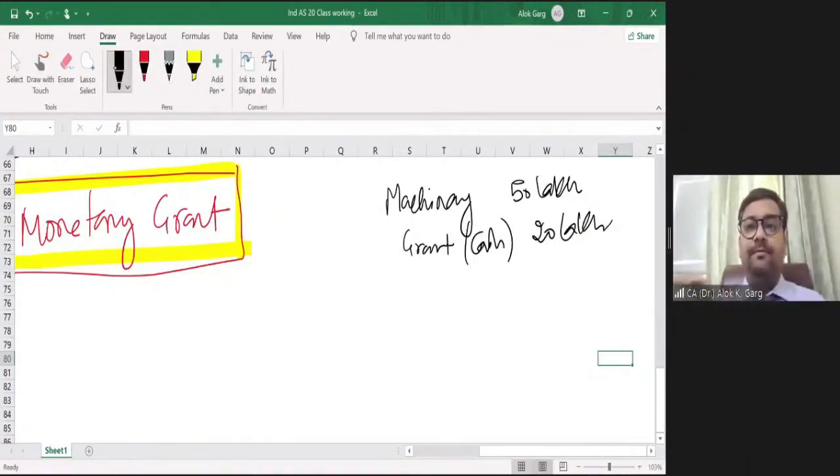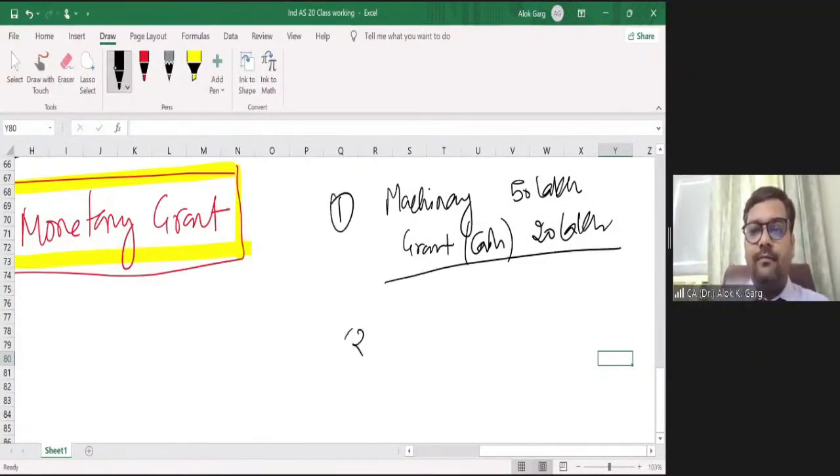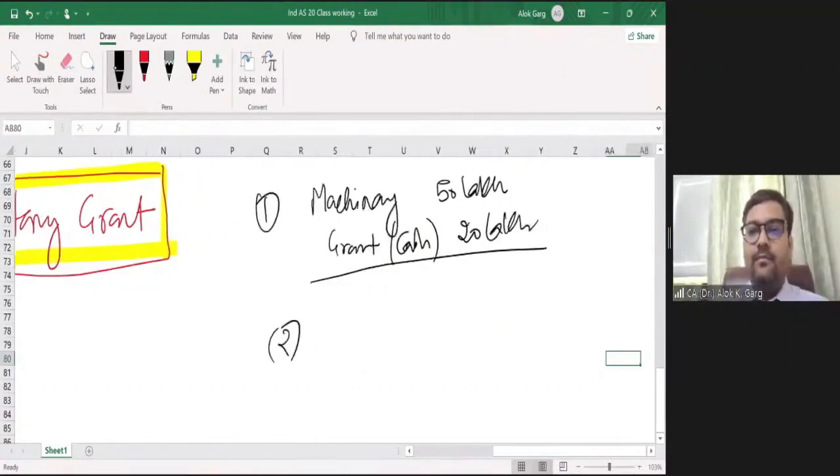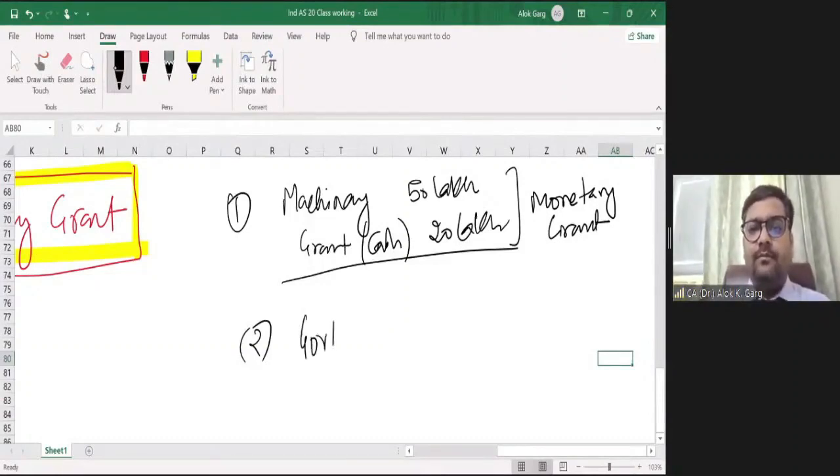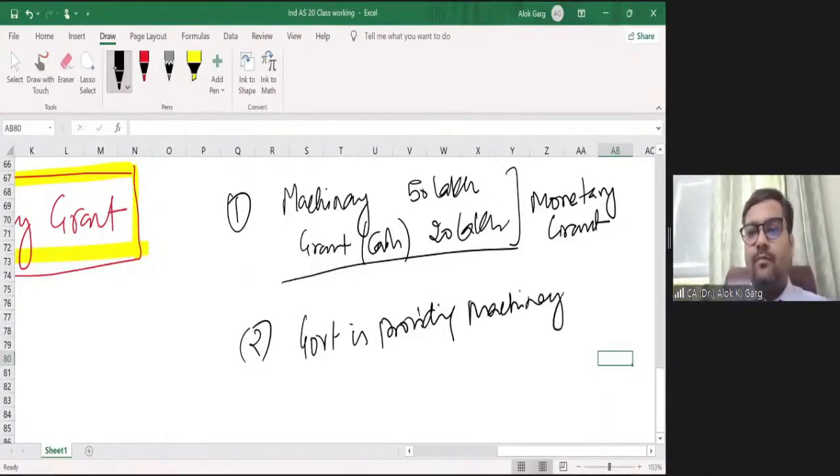Second: the government is providing machinery free of cost.